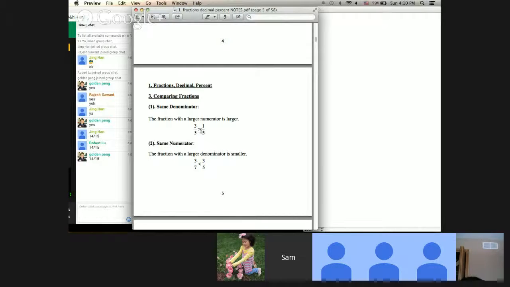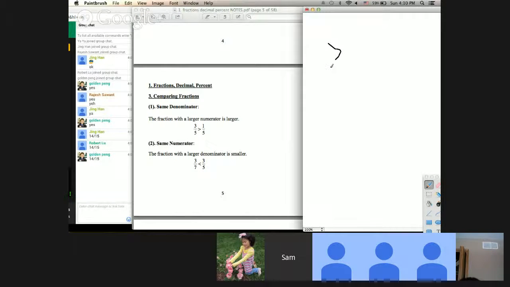You know that 3/5 is greater than 1/5, and you also know that 3/4 is going to be greater than 2/4, right? That's just logic. If the bottom parts are the same, the one with the greater top part is going to be greater.